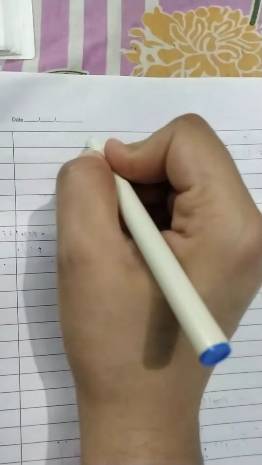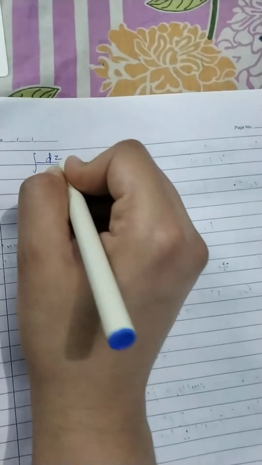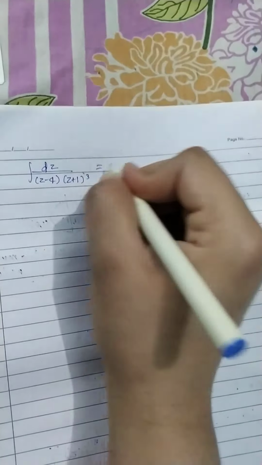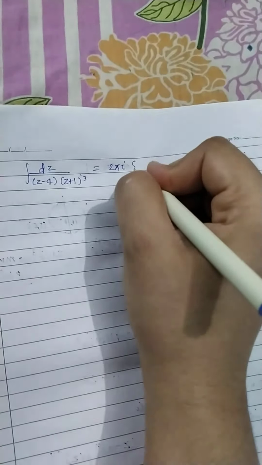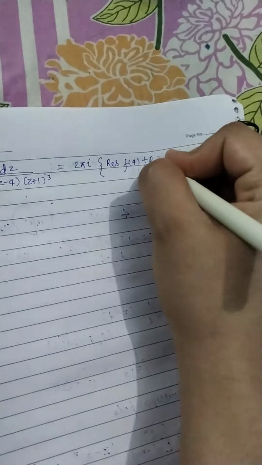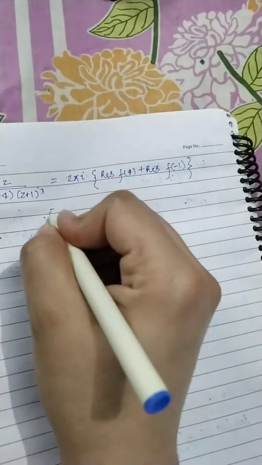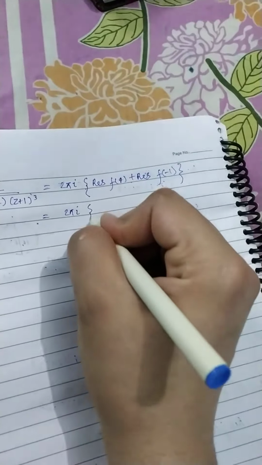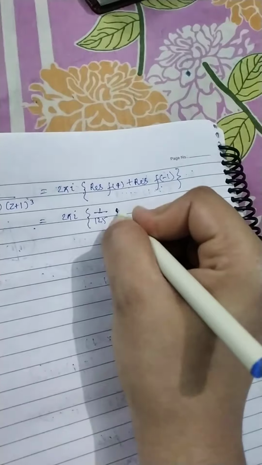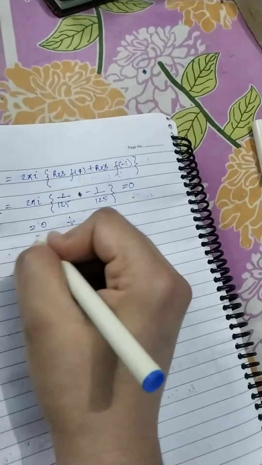So our final answer: the integral of dz upon (z minus 4) into (z plus 1) whole cube equals 2 pi iota into (residue of f at 4 plus residue of f at minus 1), which equals 2 pi iota into (1 by 125 minus 1 by 125), which equals 0. So the answer is 0.